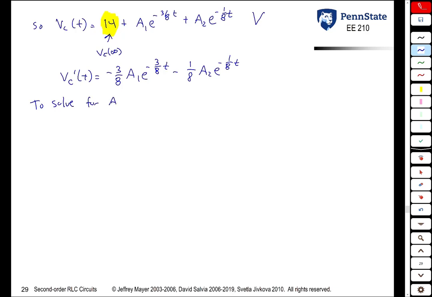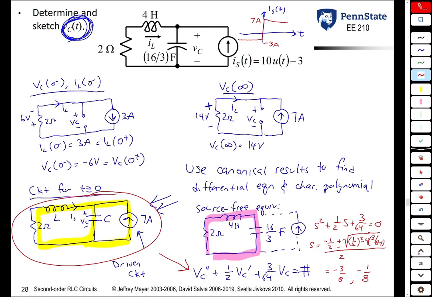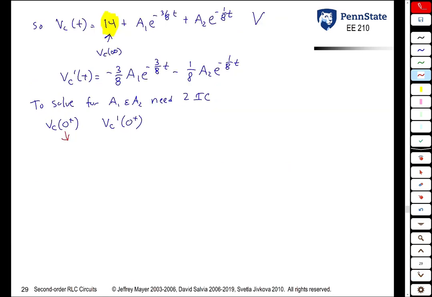To solve for A1 and A2, we need two initial conditions. Specifically, we need VC of 0 plus and we need VC prime of 0 plus. VC of 0 plus we know already from the previous page. It's minus 6 volts.